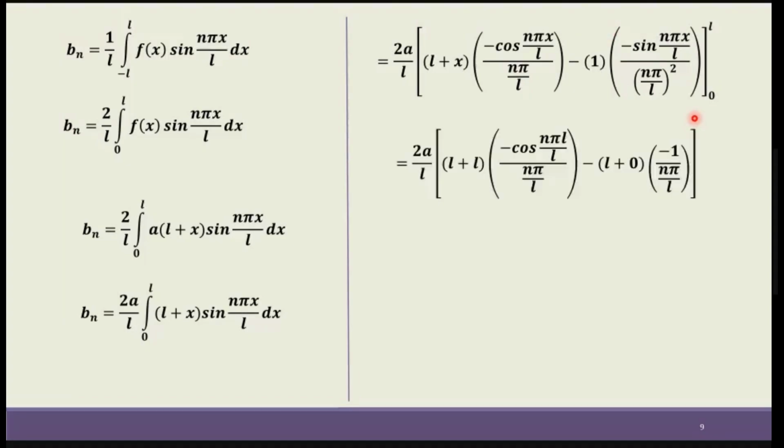अगर x को अपर लिमिट पुट किया तो l माइनस कॉज एन पाई एल बाय एल अपॉन एन पाई बाय एल, ये वाला पार्ट 0 है, माइनस लोअर लिमिट के लिए x को 0 पुट करना है तो l प्लस 0 एंड देन दिस इज 1, सो माइनस 1 अपॉन एन पाई बाय एल.